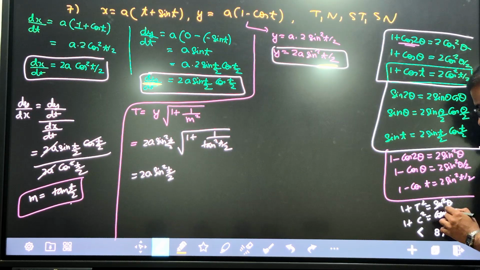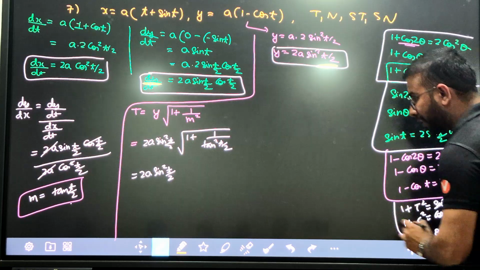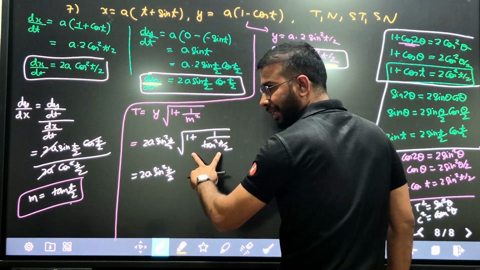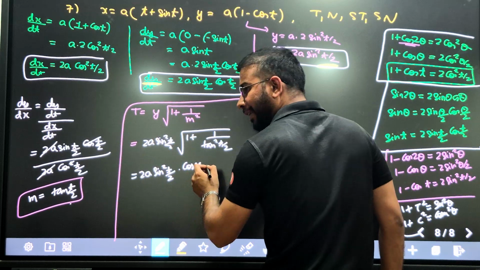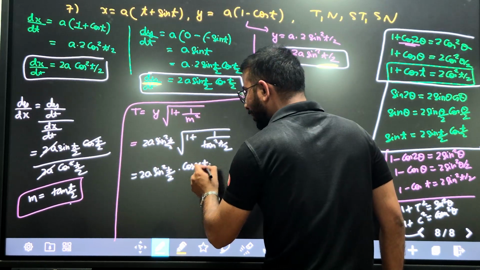That's how you can remember. Root cosecant square theta would be cosecant theta. So this is coming out to be cosecant t by 2.